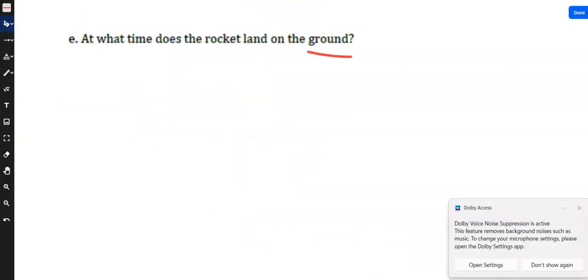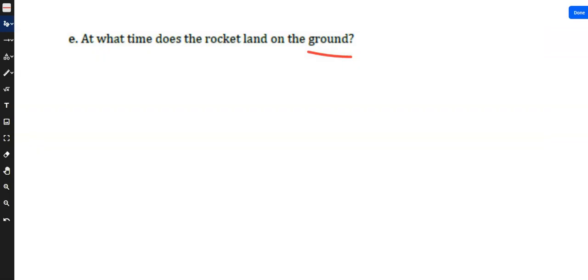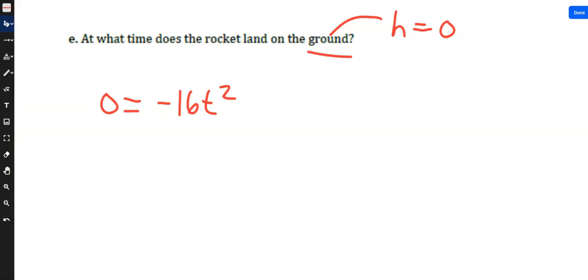So when does it land on the ground? All right. What time does it land on the ground? So the ground, we remember that's the height of 0, right? So that actually means I don't have that extra step of having to move that 343 over to the other side. I can go straight to the quadratic formula because it is set equal to 0.